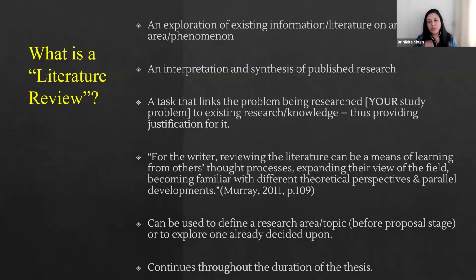And then there's this component of a literature review as being the part that links the problem being researched, or your study problem, to existing research or knowledge. So it's a way of very strongly justifying what you're doing in your study, because remember, you have to use what's out there as the foundation for justifying why you're doing a particular research topic. You have to make a strong argument based on other authors' arguments as to why this is a novel area to research, especially as doctoral candidates.